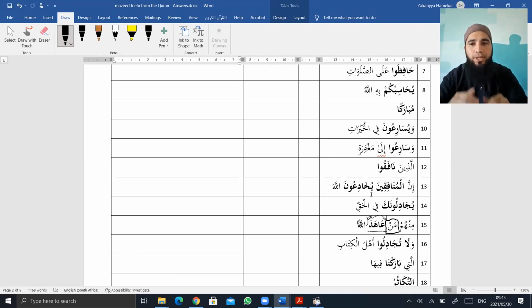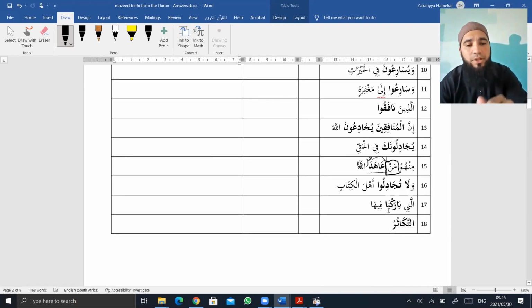That should be your norm, the normal way that you interact with ismul mawsul. You're waiting for a verb that refers back to it and that qualifies it. So I think the trick to understanding this part of the verse easily would have been to just identify that ismul mawsul and then think about how to interact with it. From them is one who عاهد Allah, promises Allah, makes a covenant with Allah.